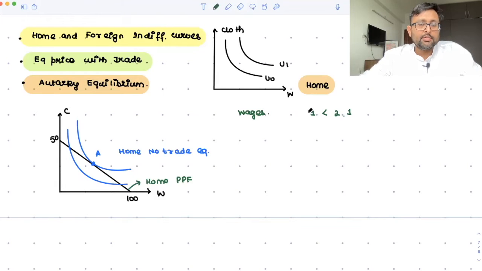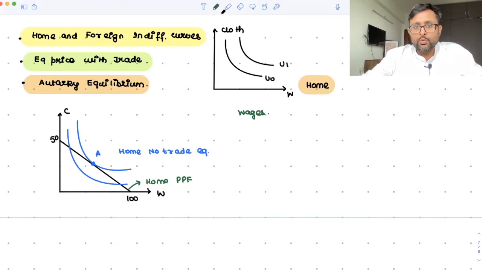So I can increase the wages. If you ask for more than 2 into 1, I'll say no, fine, I'm the employer and I'm not going to employ up to that point.